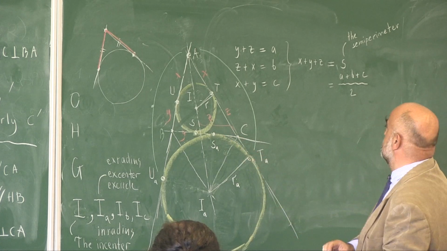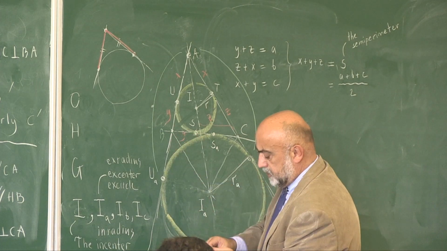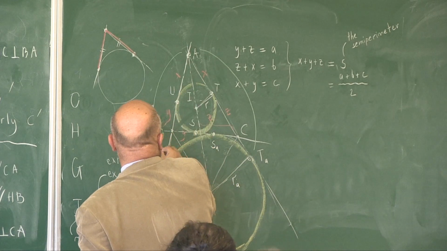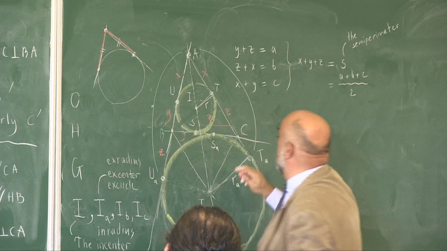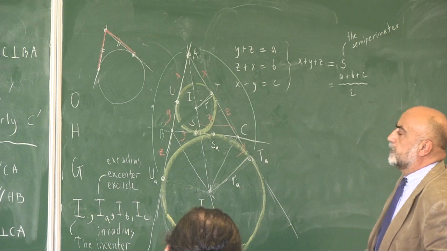So these three must add up to x plus y plus z, so this is z, and this must be y. You've got this very curious configuration.